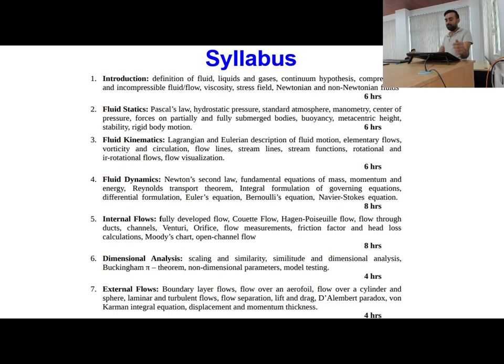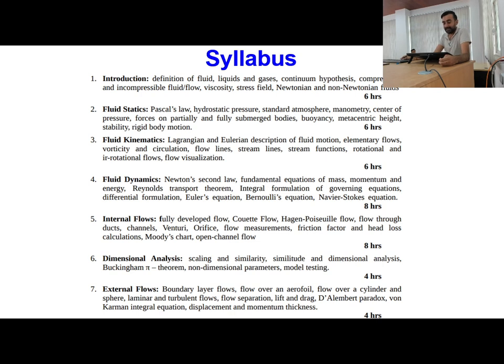The first module is about the definition of fluids, then the different hypotheses that we use for solving or analyzing fluid flow problems, and then particularly we will also study the different types of flows and different types of fluids.